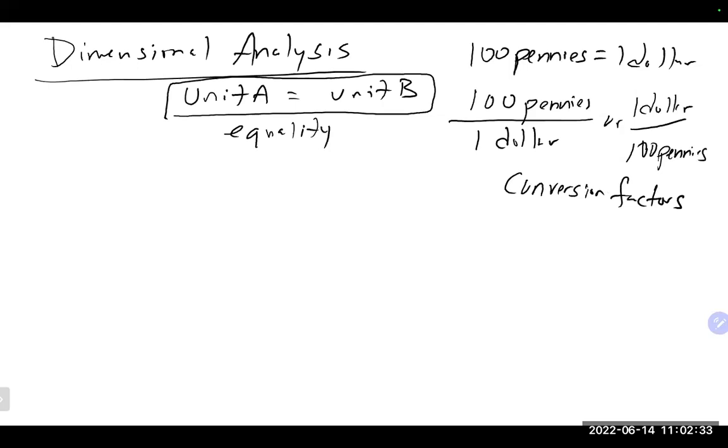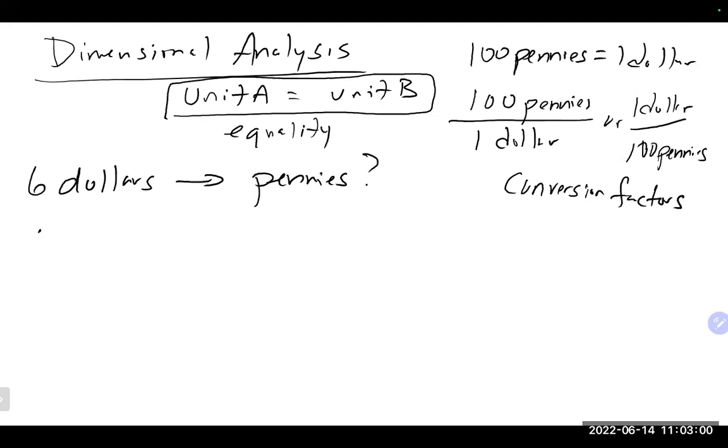When we do something in dimensional analysis, we show the calculation with the units and them canceling out, and we treat it like fractions, basically. So if I had, we'll go with $6, and I want to know how many pennies that was, you need to show it correctly using dimensional analysis.